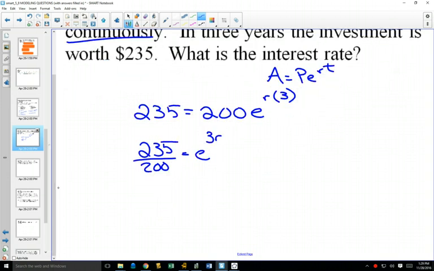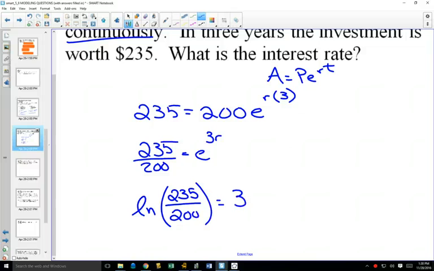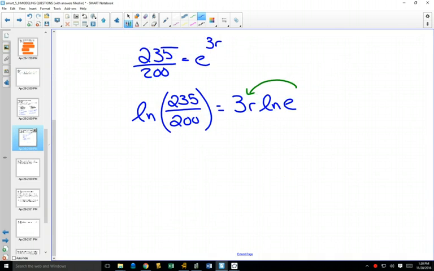Now we can take the natural log of both sides. I'm not even going to reduce that fraction. Does it make sense that that exponent could now come out in front? One of the reasons we chose the natural log is: what is the natural log of e? e to what power is e? 1.